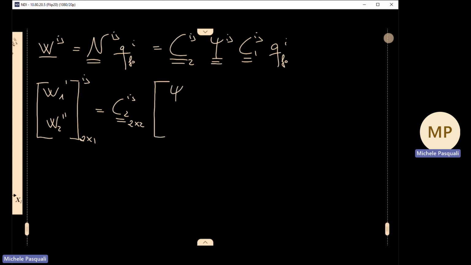We have Psi1 prime ij, and then we have the second row, which is Psi2. There are 2 times. So this is a 1 times 6. This is a 1 times 6. This is a 2 times 6 matrix. So this is the first row of the Psi matrix.